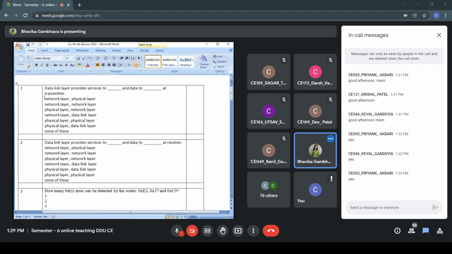Can you tell me which one of these is the correct answer? Data link layer provides services to which layer and data to which layer at the transmitter?